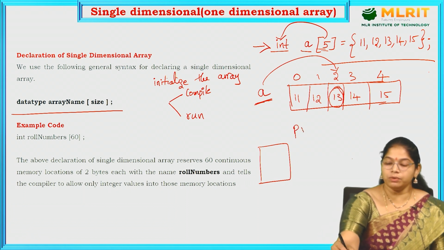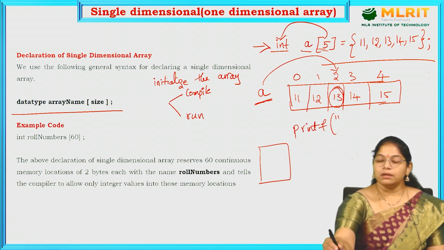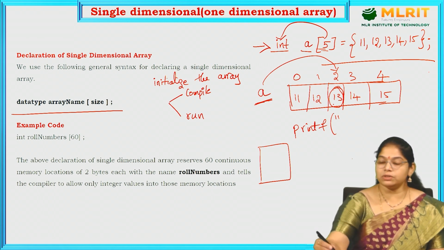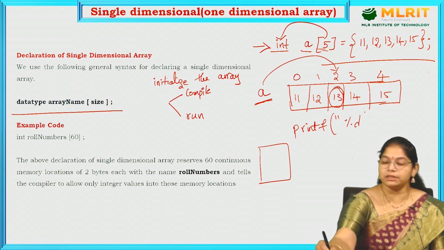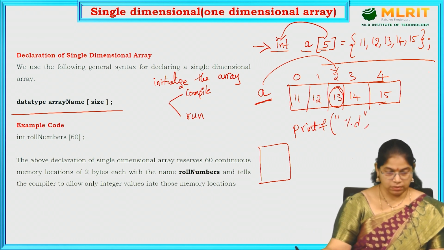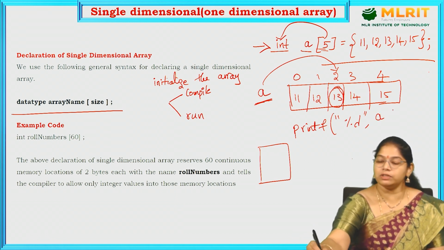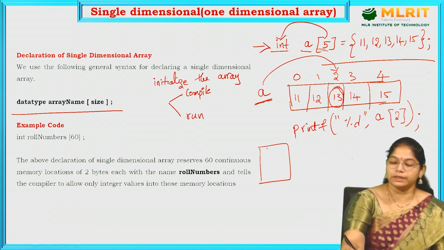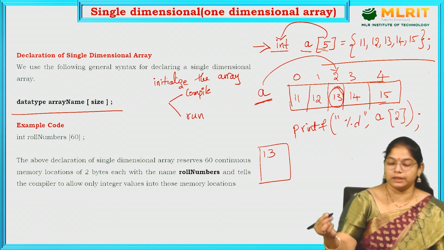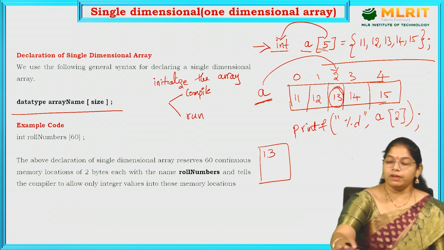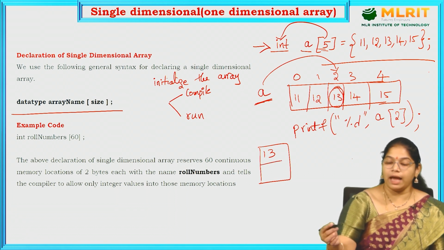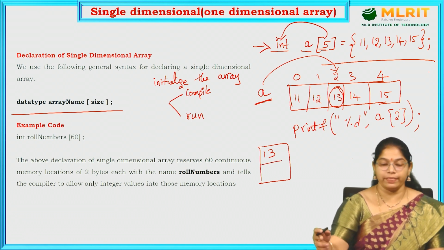So if I want to print this, I go with the printf statement. This 13 is data type integer, so the format specifier is %d. It is stored in array A, in which location? That is 2. Now it can print 13. In this way, we can access the values which are stored in the array.